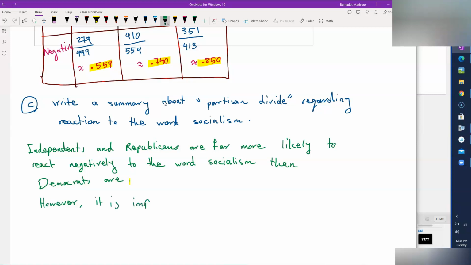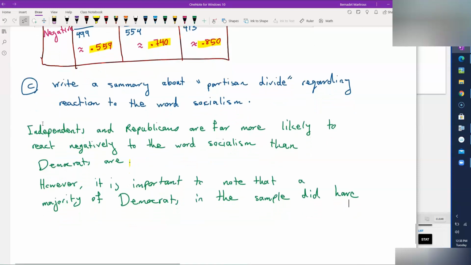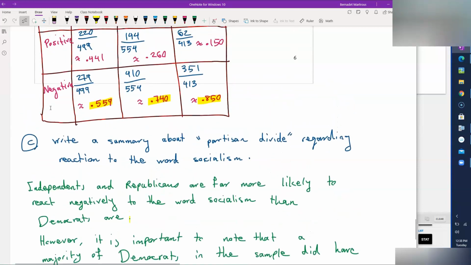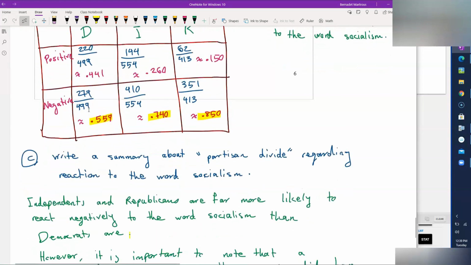But if I compare the answers for Democrat, the answers that they had for positive and negative, for those that have negative, that number 0.56 is greater than 0.44.